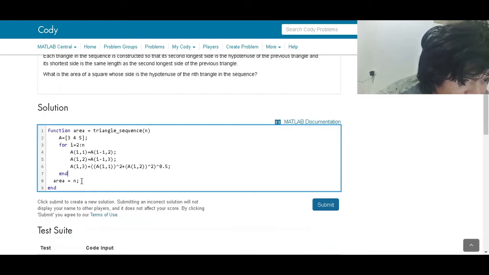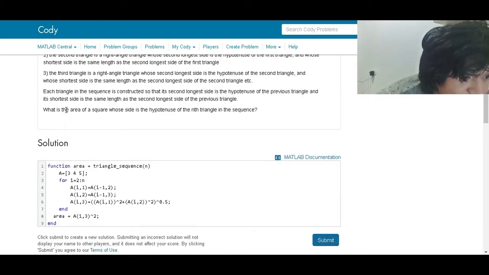The area should be nothing else than this, because they are asking what is the area of a square whose side is the hypotenuse of the n triangle in the sequence.